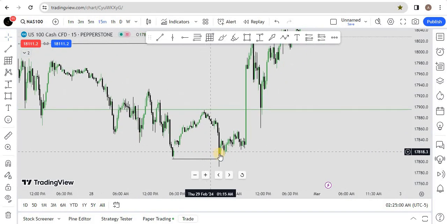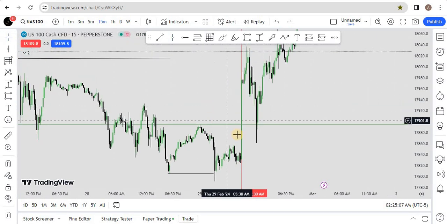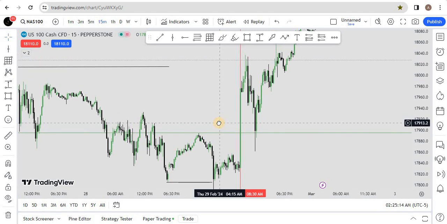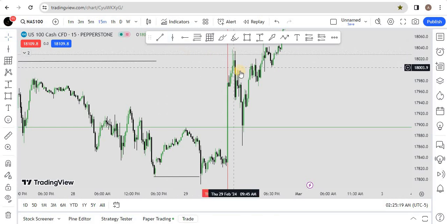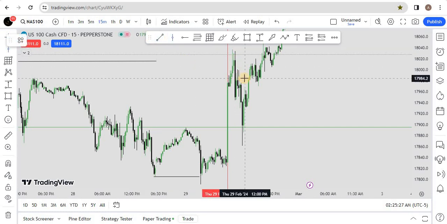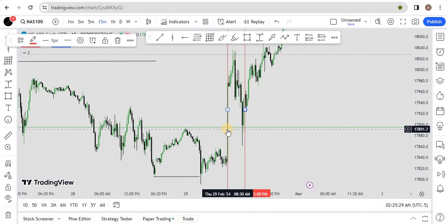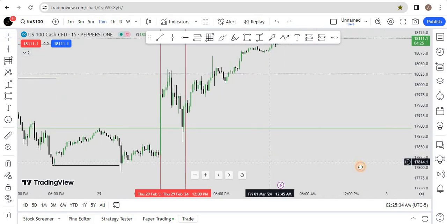Then you have to mark out your 8:30 time. 8:30 can be your entry point, but 8:30 is a news driver time, so we mostly avoid it. So I mark out the 8:30 time, and our entry should not be after 12 or during 12. Our entry is between 8:30 and 12 o'clock.